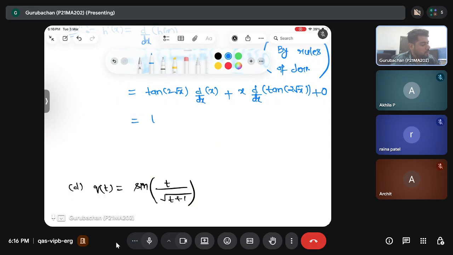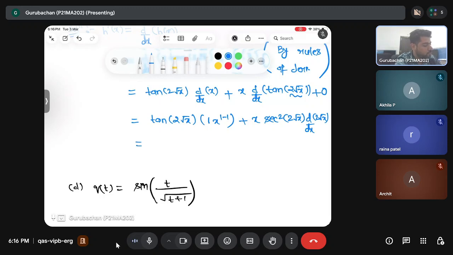This will be tan 2 under root x, and the differentiation of x will be 1, x to the power 1 minus 1, plus, here it is not x, so for the time being you assume it x and apply the chain rule. So secant square 2 under root x and d over dx of 2 under root of x.